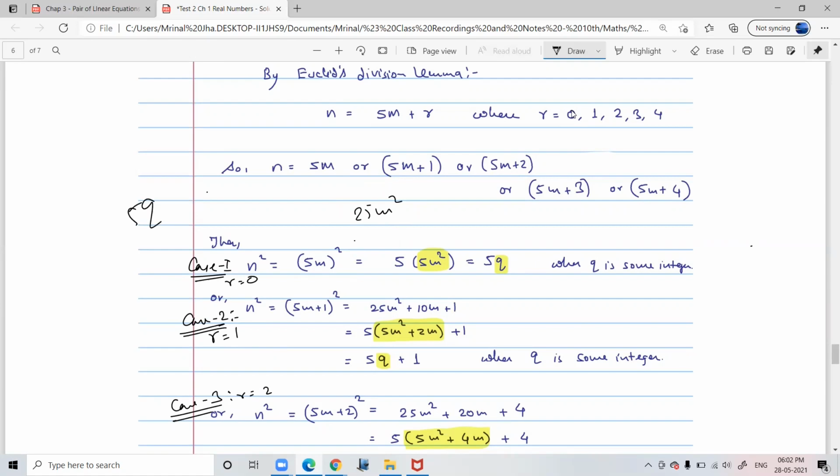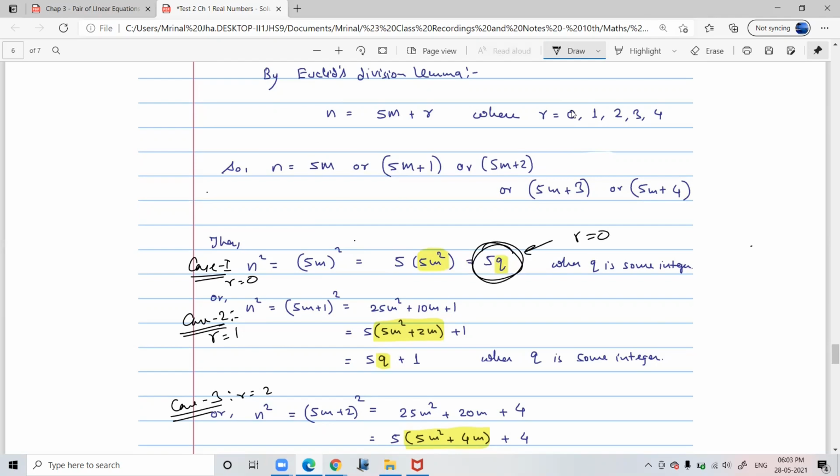So take the 5 common outside and see what is remaining. From this 25m square, I have taken the 5 out, so 5m square is left. So 5 into 5m square is the form it takes if r is equal to 0, and that 5m square I can write as some integer q.